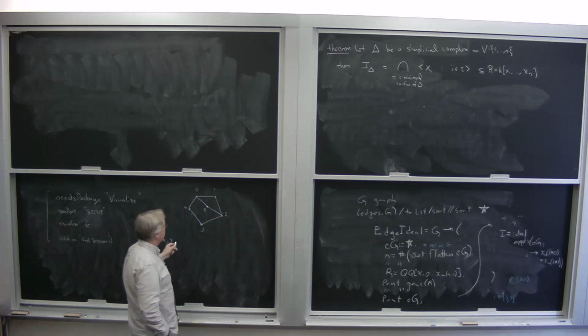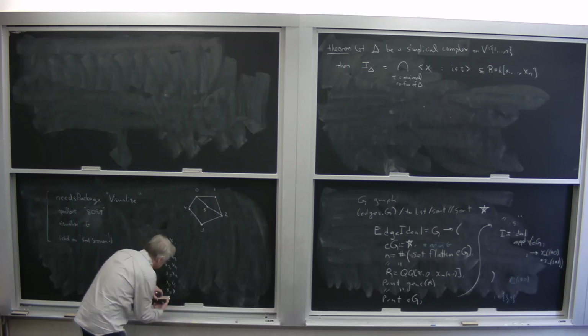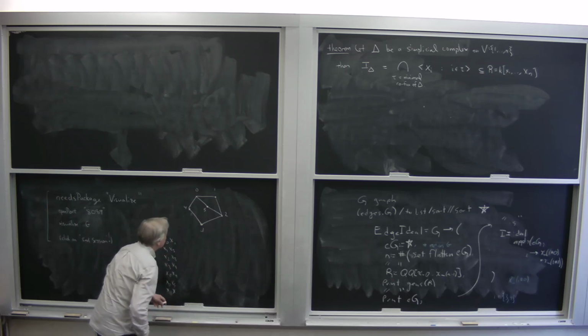I just have to do it for every edge, right? So let's do x1x2, x2x3, x3x4, x0x5, x4x5, and x0x3, x2x5, right?